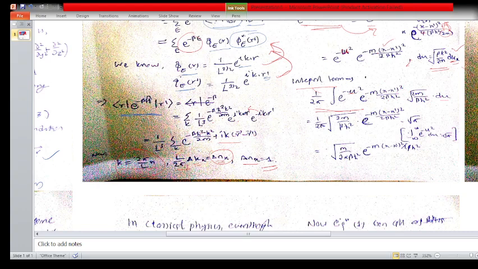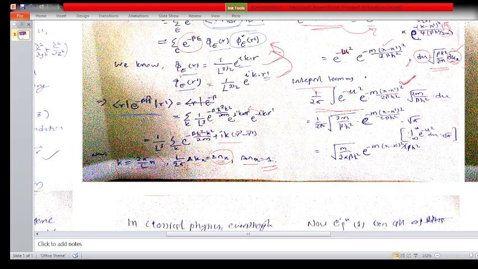From this, what we are doing is replacing dkx with root 2m by beta h cross square times du in that integral term, and all other terms are also substituted here. This is for the x variation only.